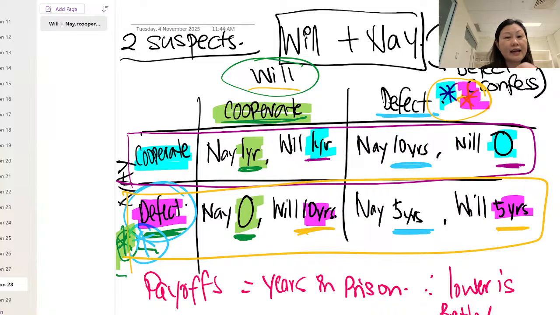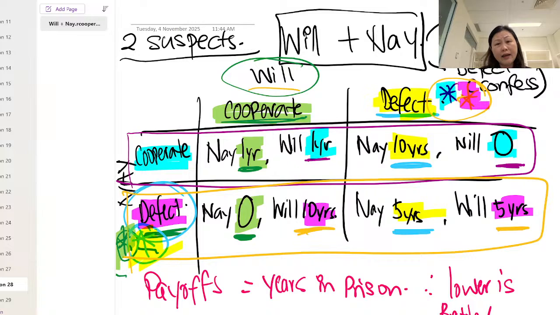Let's say Will decides that he is going to defect. If Nay defects as well, she gets 5 years. If Nay cooperates, she gets 10 years. And as a result, Nay will defect too. So the dominant strategy for both the suspects was to defect.